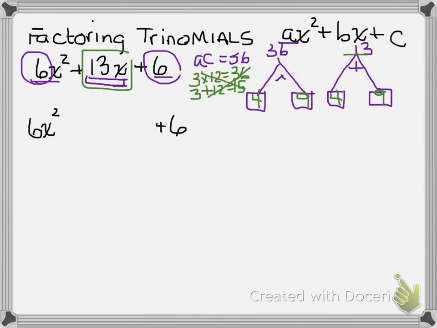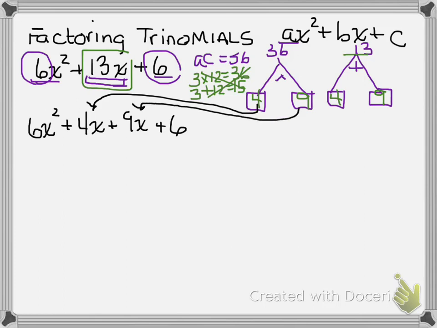In the middle, instead of 13x, I'm going to write plus 4x, from one of those numbers I just found, plus 9x, which comes from the other number. Now we have 4 terms, and from here we can go into our grouping technique.